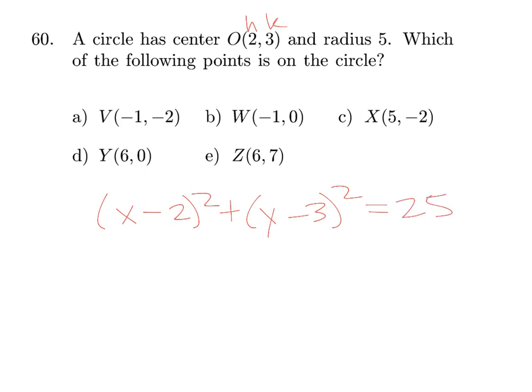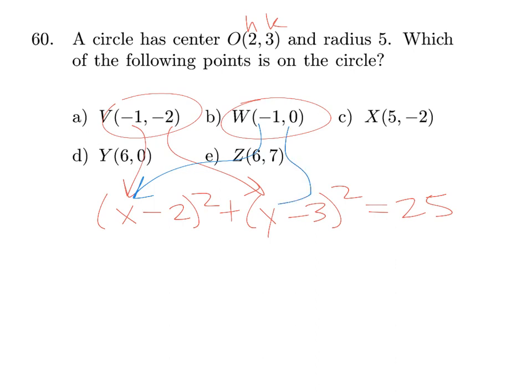So there's the equation I will be using. I need to test out all these values. Plug them in. Does the equation work out to be true? Plug it in. Does the equation work out to be true? Plug it in. Does the equation work out to be true? If you do that with all 5, the only one that works is D. Done.